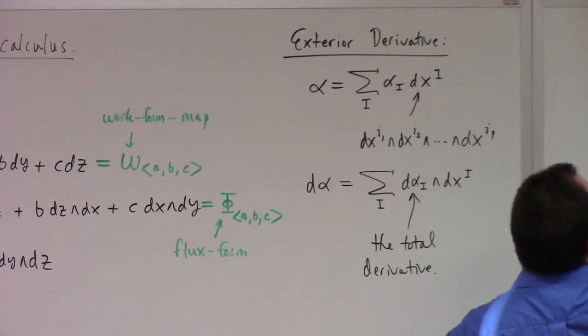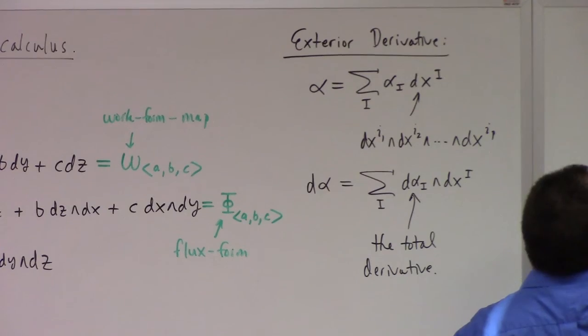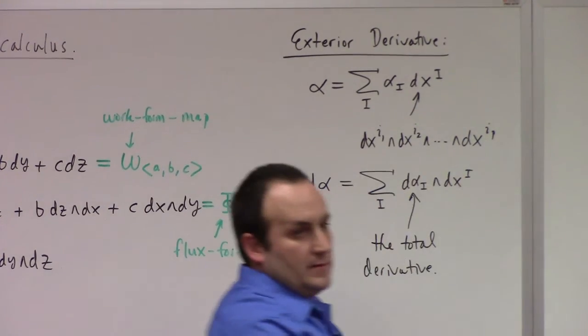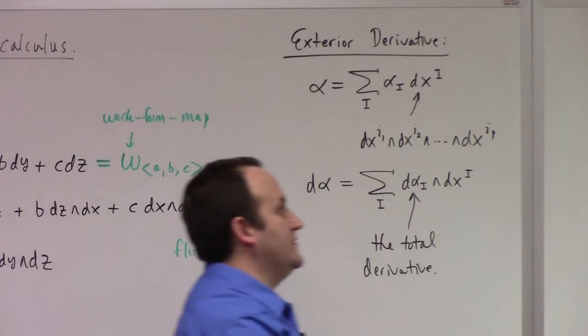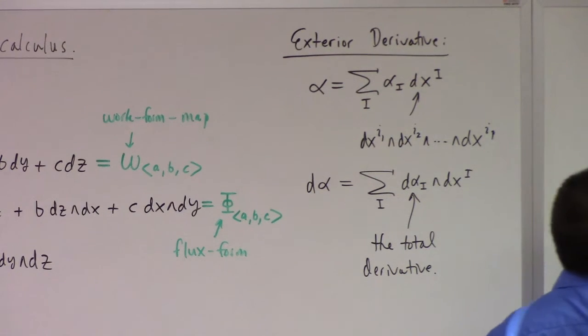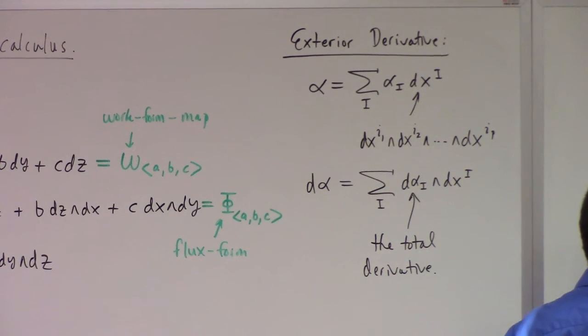Now, if I take another derivative, d of df, that's where it gets interesting. So I've got d of 2x wedge dx plus dz wedge dy plus dy wedge dz.